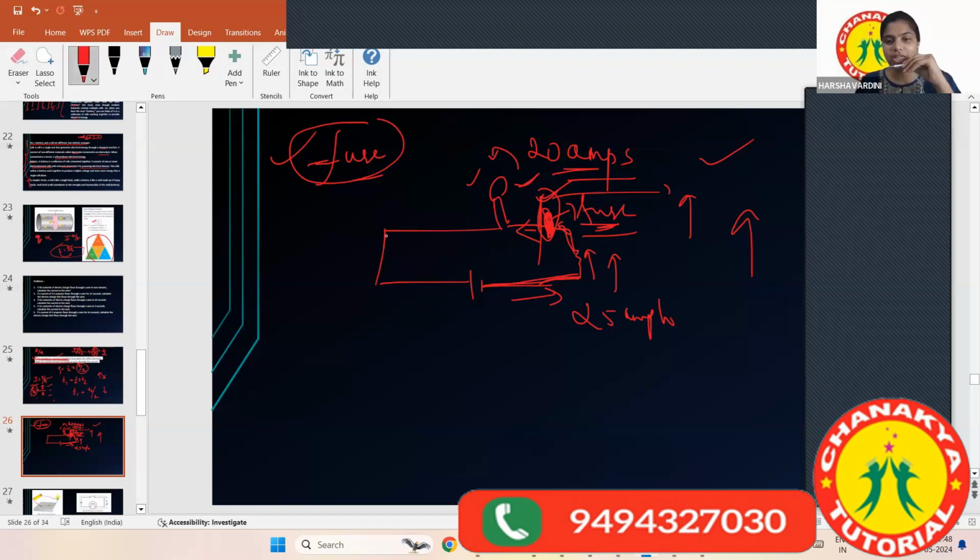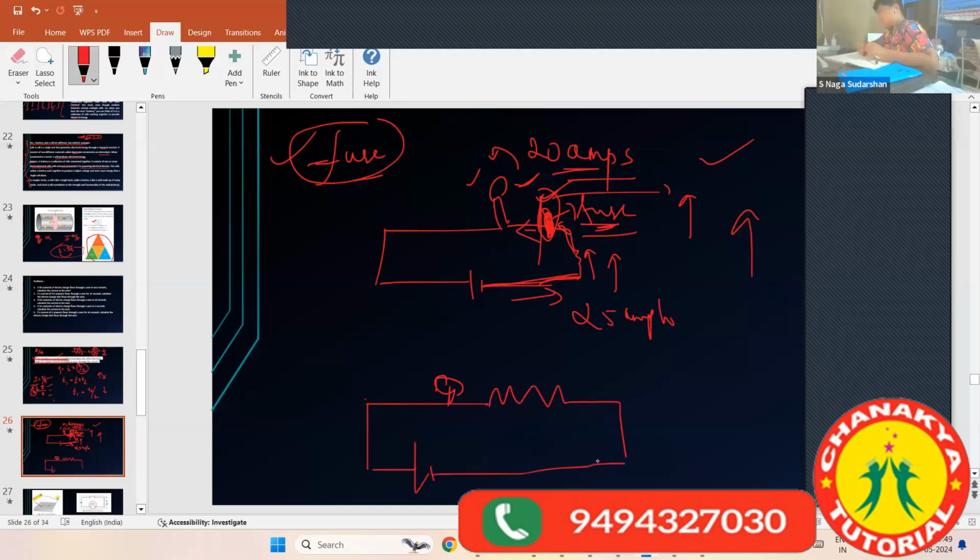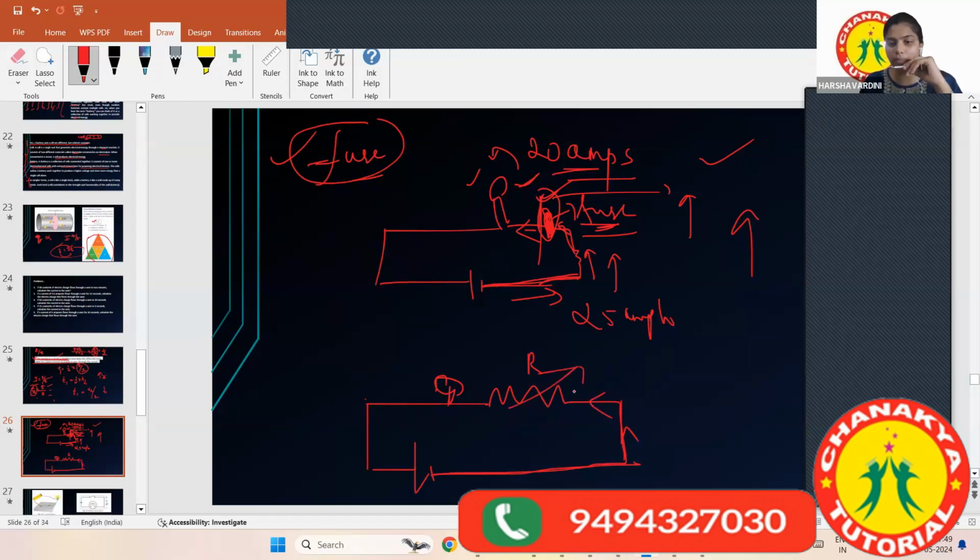So Aishwarya, basically fuse and resistors are the same. Just think there is a bulb here and a resistor in a circuit and there is current flowing. When there is an excessive current passing here, the resistor will stop it.